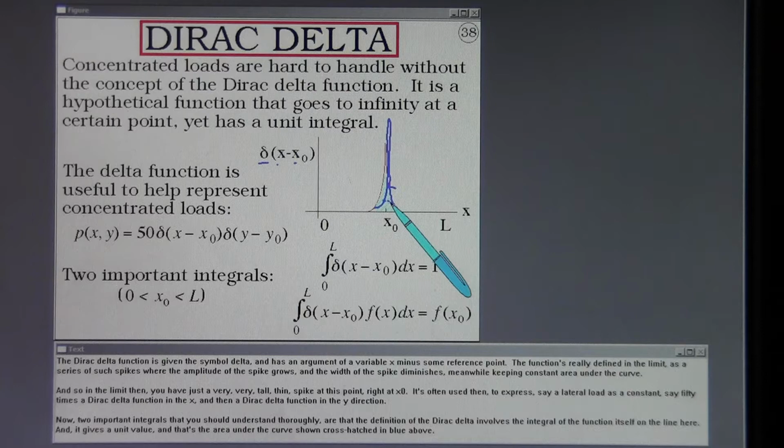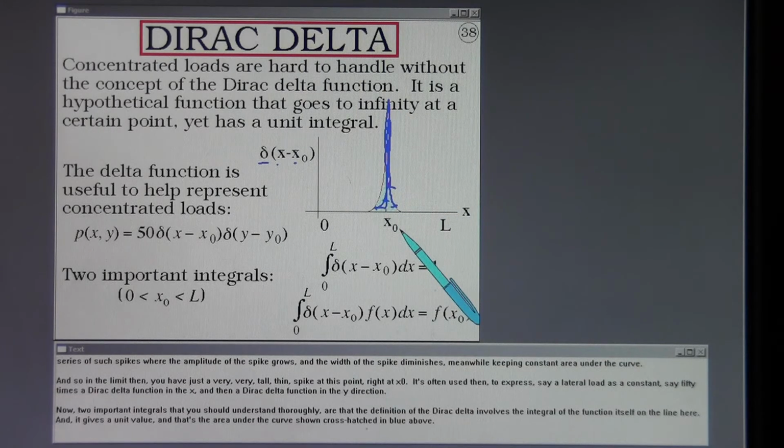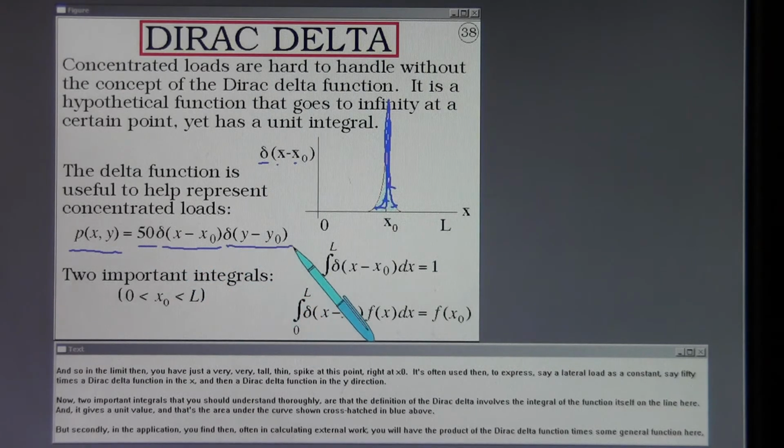And so in the limit then you have just a very, very tall, thin spike at this point right at x0. It's often used then to express, say, a lateral load as a constant, say 50 times a Dirac delta function in the x and then a Dirac delta function in the y directions.